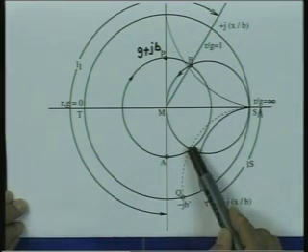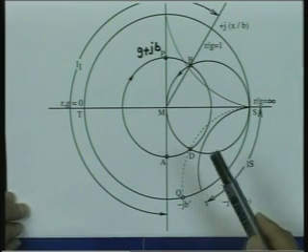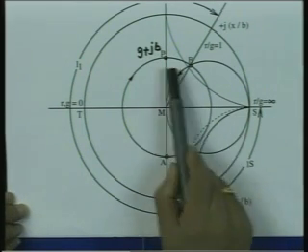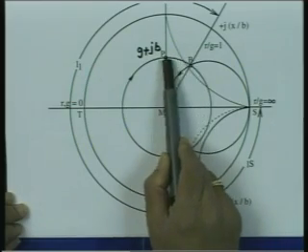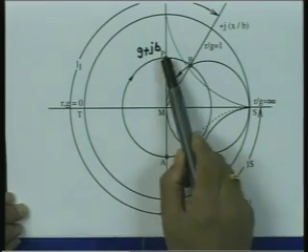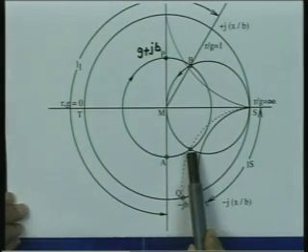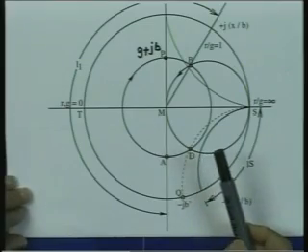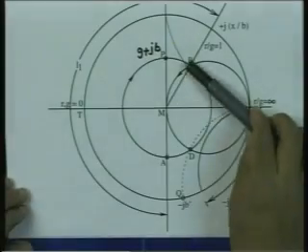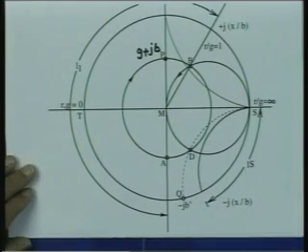Similarly, if I take a point D, its normalized conductance has become equal to 1. So, by moving a distance corresponding to this, or moving a distance corresponding to this, I can find out what would be the reactive part at this location, because the conductive part has become equal to 1.